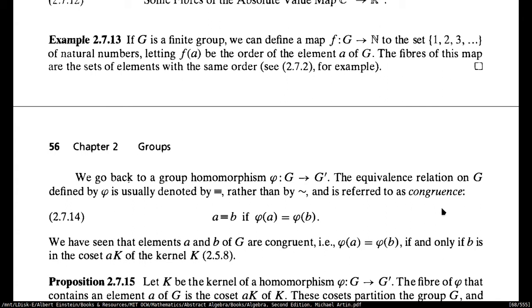So this is referred to as congruence. So a is congruent to b if phi of a is equal to phi of b, right? So if the images are equal, then your elements are congruent, right?